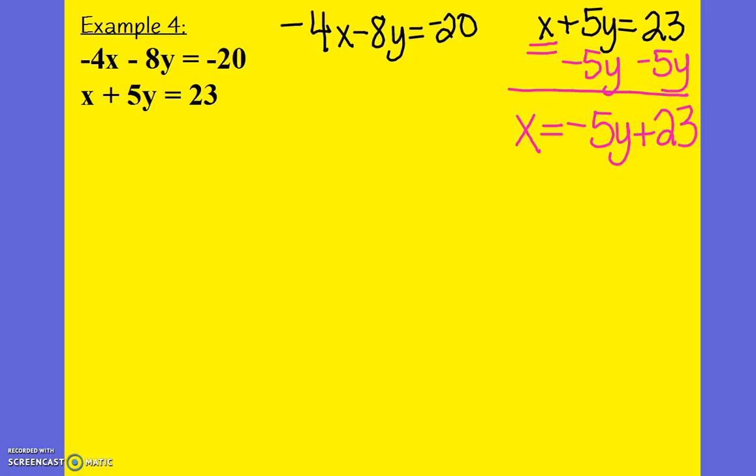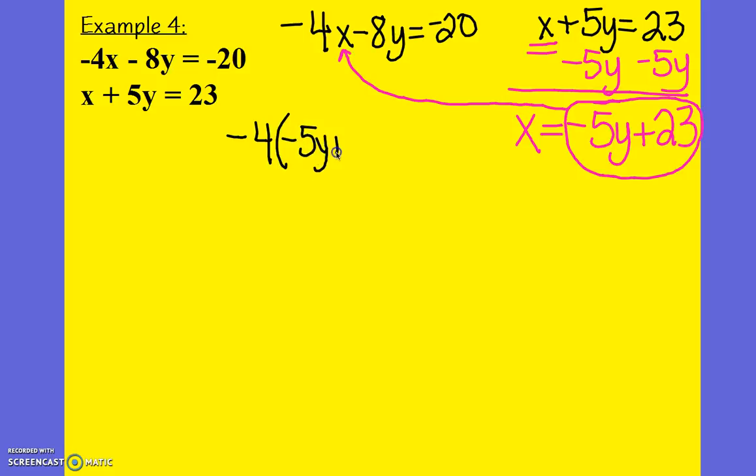So now that I know that this is what my x is equal to, I'm going to take this expression and I'm going to substitute it here in place of the x. So now when I rewrite this equation, instead of putting x, I'm going to put negative 5y plus 23. So I have negative 4 times negative 5y plus 23 minus 8y equals negative 20.